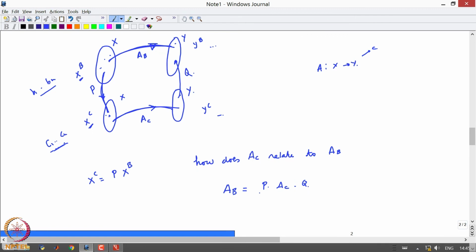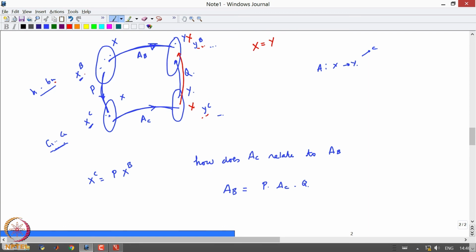Now, a special case of this could be when, let me just take a different color, X and Y are the same. In general, X and Y can also be of different dimensions, so need not necessarily be the same, since this is m here and n here, this can be a different number also. So, if X equals Y, then this is X, this is also X, with similar changes over here.